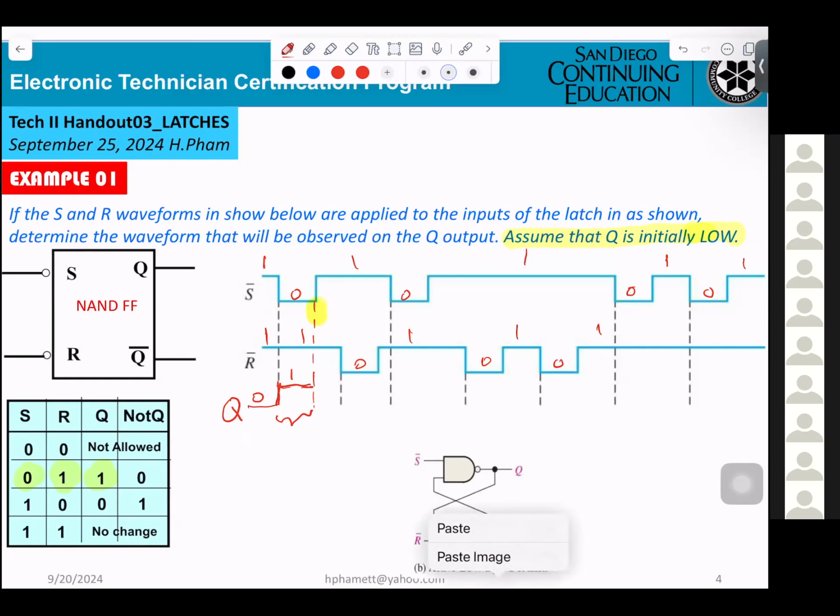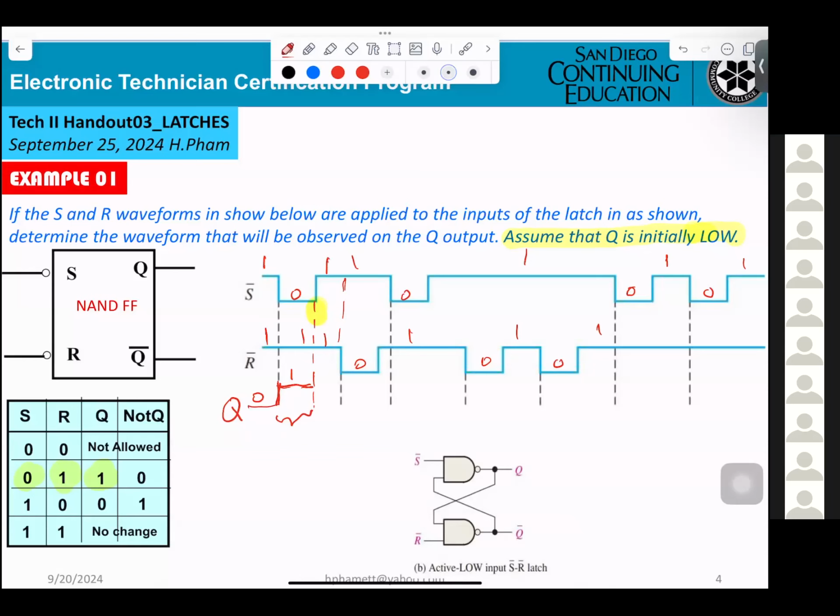Then now you go to the next one. That means you get a 1 here and a 1 here. What does that give? No change.